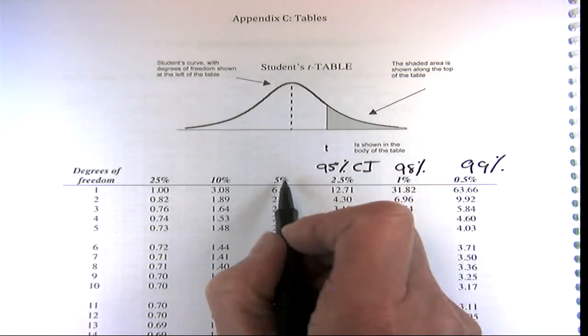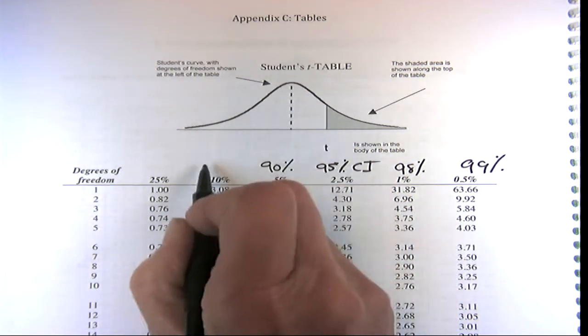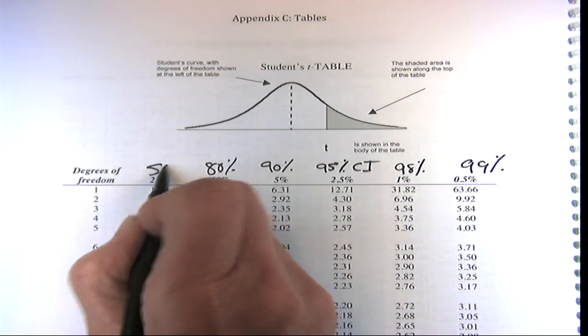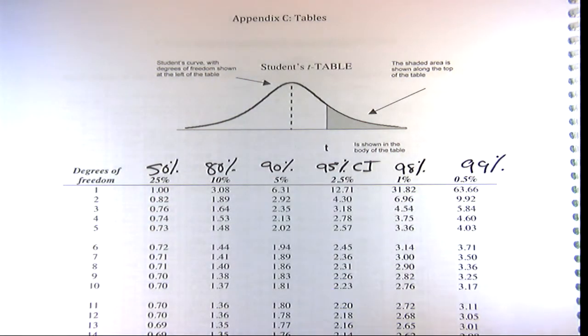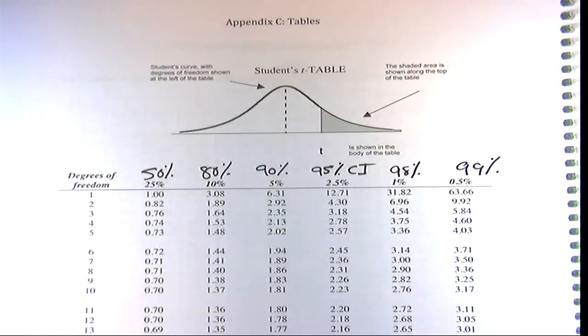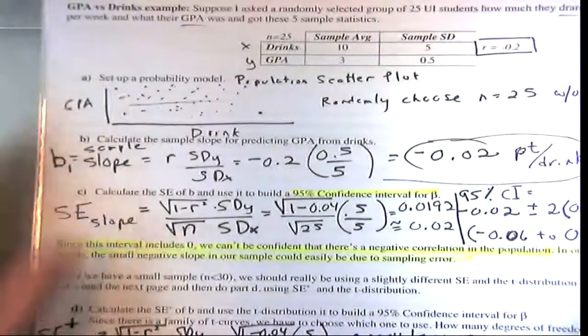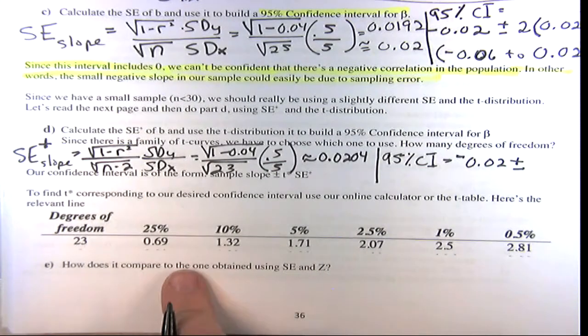So we can just fill this in. This is 90%, 80%, and this would be 25% in each tail, a 50% confidence interval. All right, and these are the critical values. So let's go back to where we were. And now we can look at this table here to figure out the critical value of t.